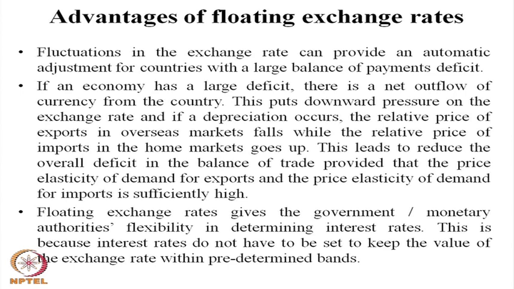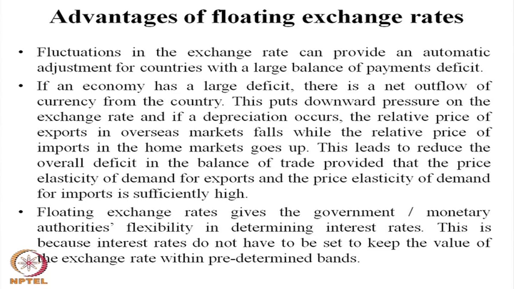There are many. The fluctuation in the exchange rate can provide an automatic adjustment for a country with a large balance of payment deficit, because in a floating exchange rate, the market forces correct the adjustment in the balance of payment.